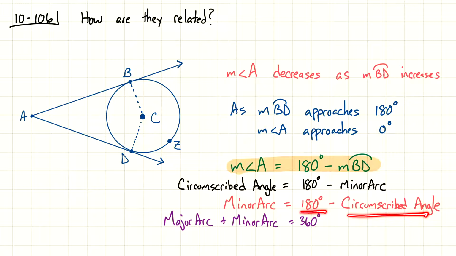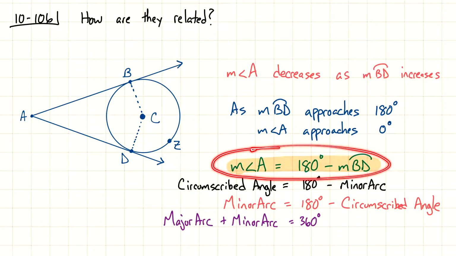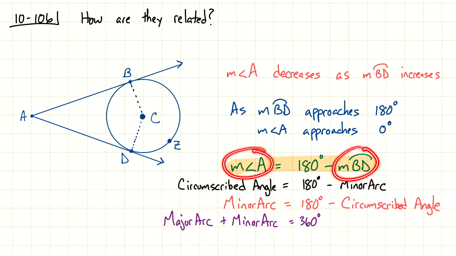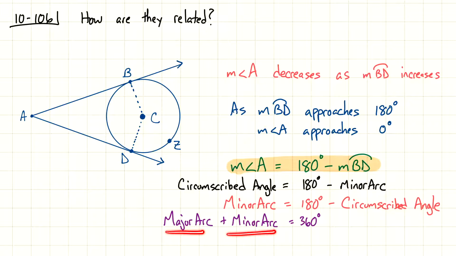All right, so they are related to each other in this way. This is the simple formula, but it could be moved around. If you already know the angle, then you should be able to figure out the arc. If you know the arc, you should be able to figure out the angle. Just to remind you, the major arc and minor arc add up to 360.